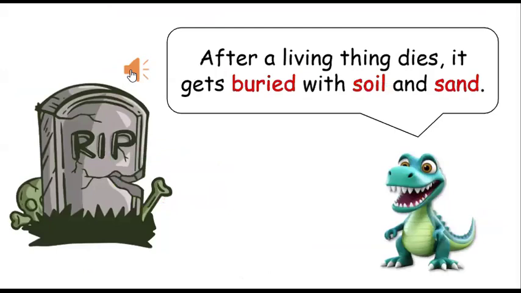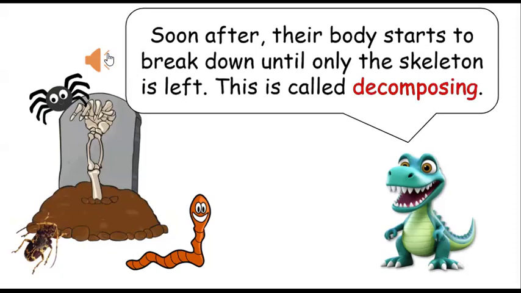After a living thing dies, it gets buried with soil and sand. Soon after, their body starts to break down until only the skeleton is left. This is called decomposing.